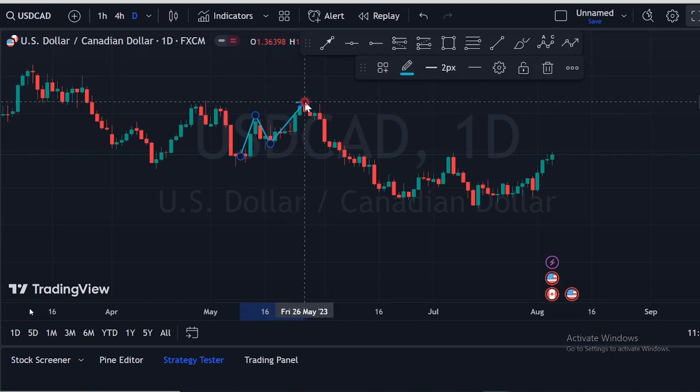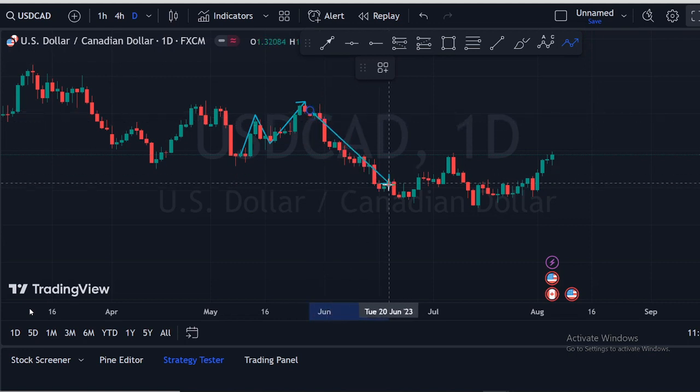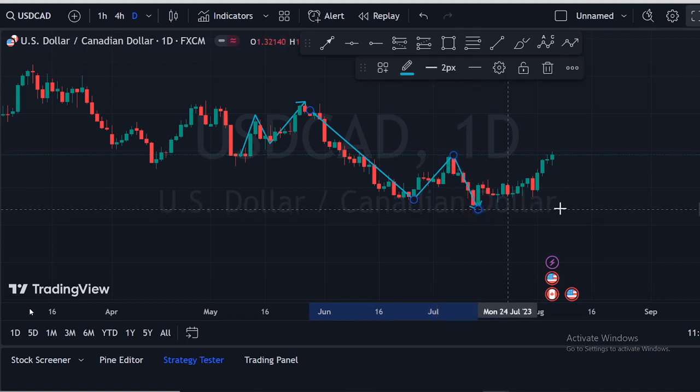Let me end it here and then start the downwards one. Okay, so with the downwards one, we realize that we have this. We go all the way down to this point, we pull back up to this point, and then we go down to this point. From there we have nothing that breaks below this, so those are our last moves.